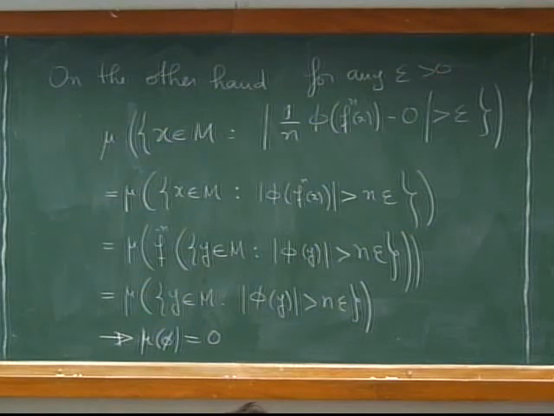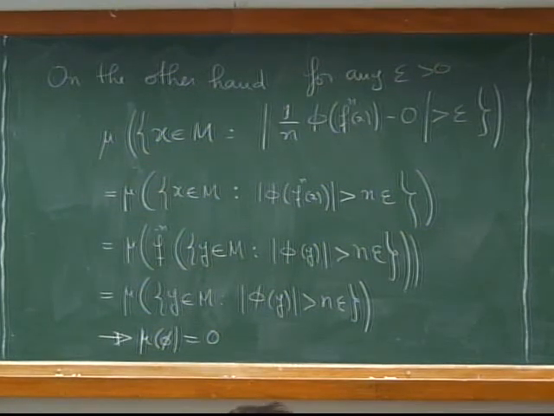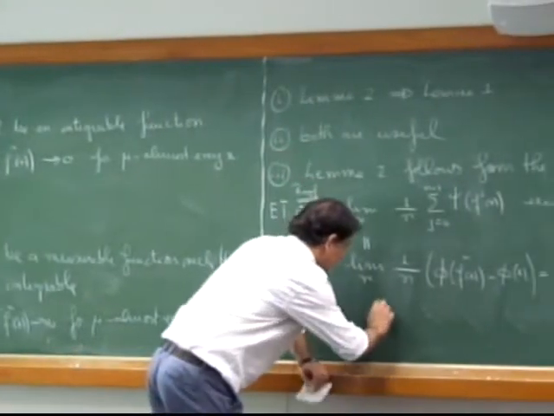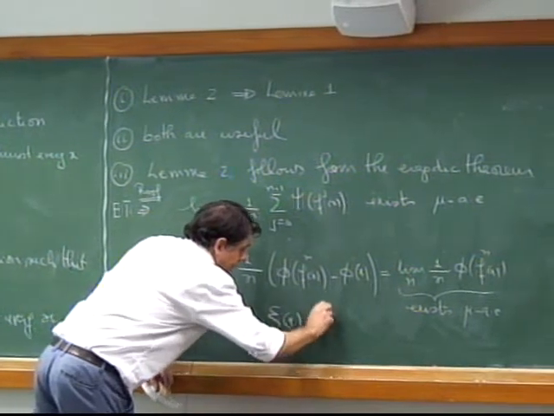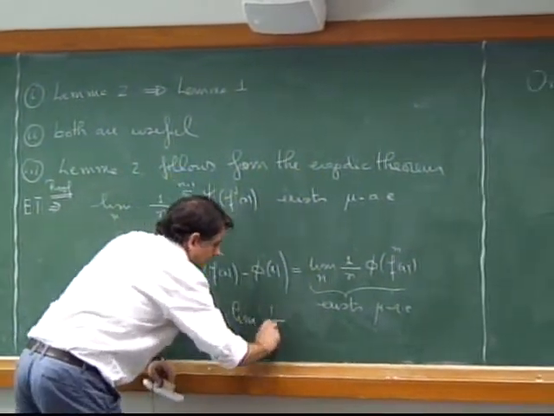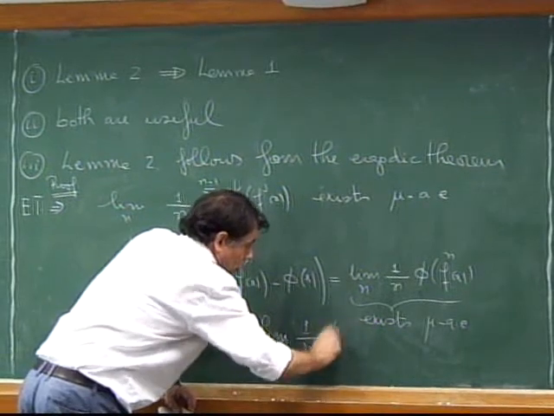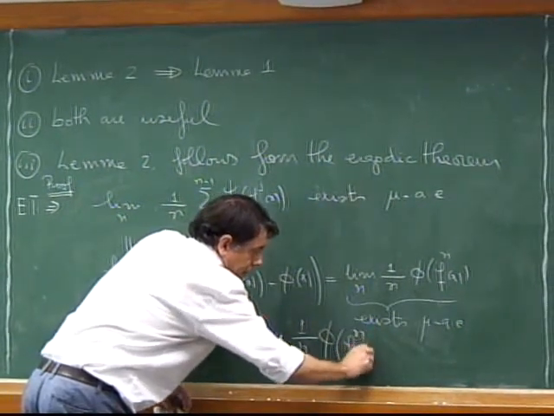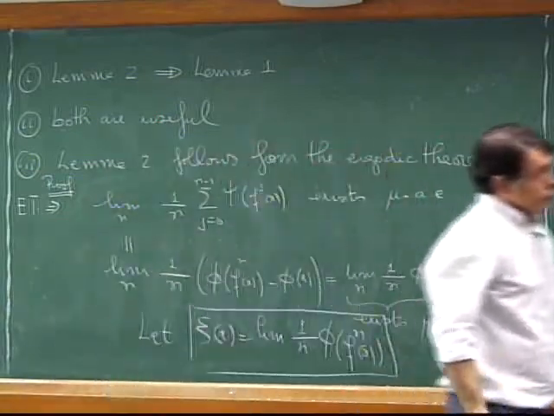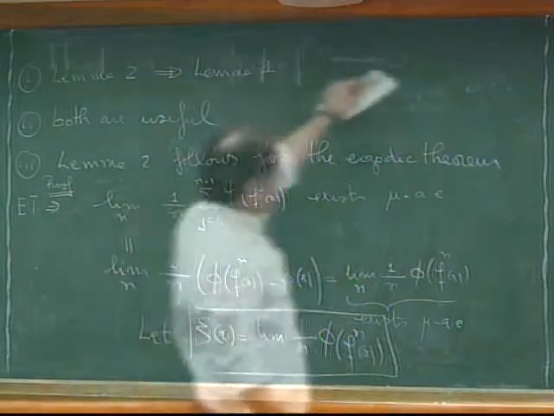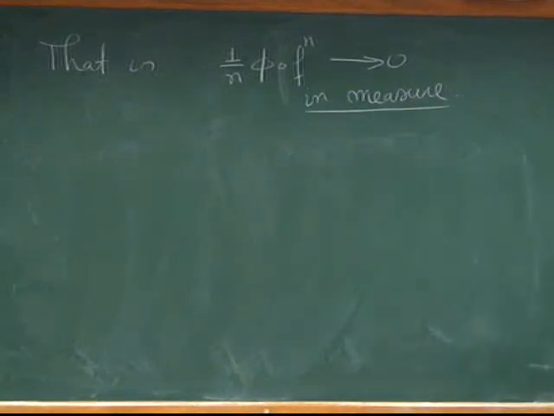So this sequence converges almost everywhere to some limit. Let, I don't know, C be the limit. You don't know what the limit is, but you know that the limit exists, and it converges to 0 in measure. The two convergence properties are related.